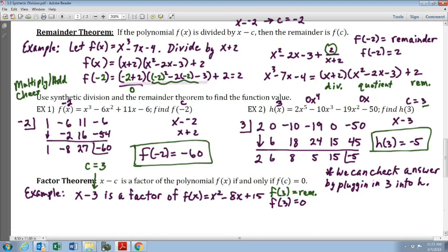Now, it's not really hard to see this. I could show you by writing f of x in factored form. Remember, we divided x squared minus 8x plus 15 by x minus 3, and we got x minus 5. That means that x minus 3 times x minus 5 is equal to our function x squared minus 8x plus 15. So we are saying that f of 3 equals 0.